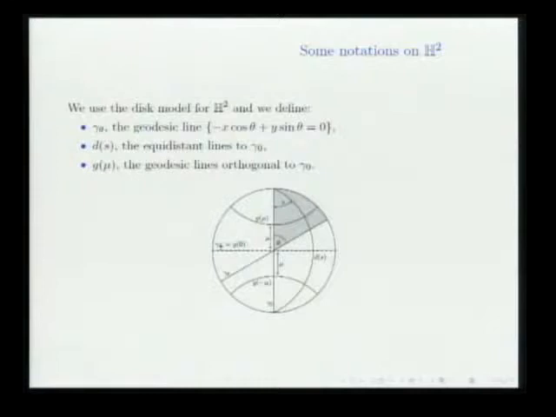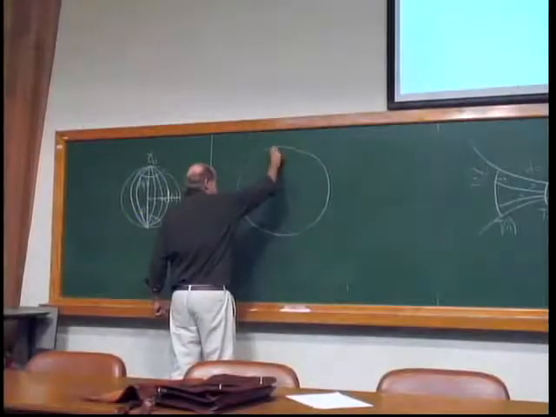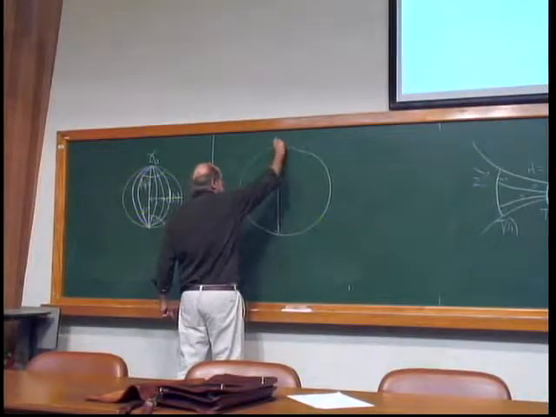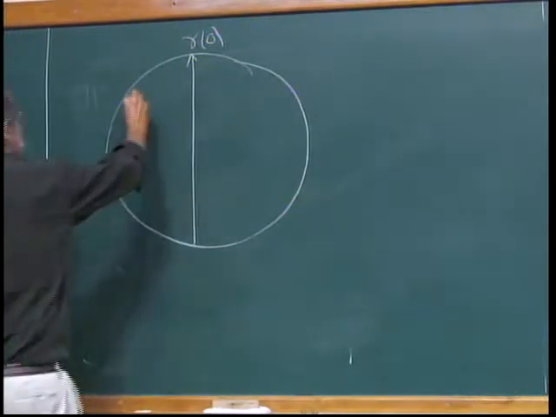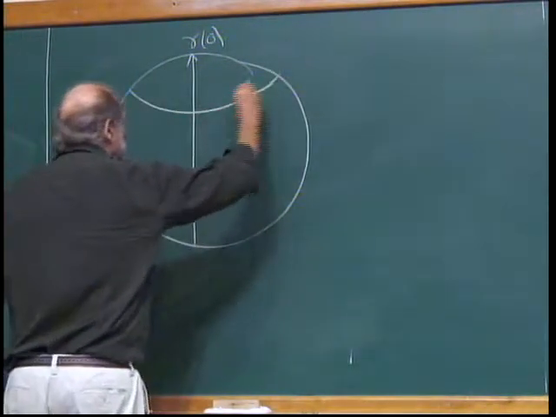So I have the disk model for the hyperbolic plane, and this picture is going to be important for the examples. So let me put some parts of that picture here. And the parts I'm going to put are, we have the geodesic gamma 0. We have the geodesics orthogonal to that.